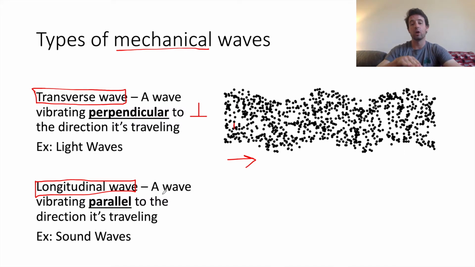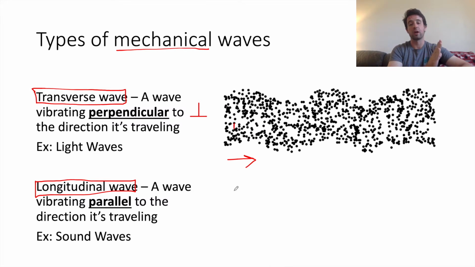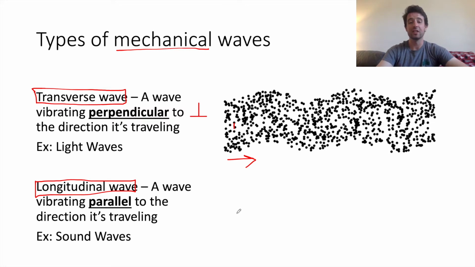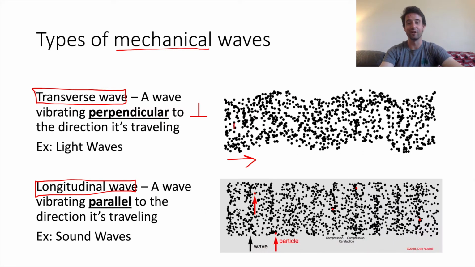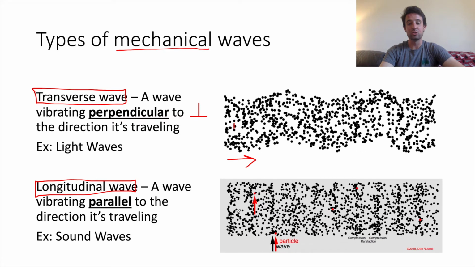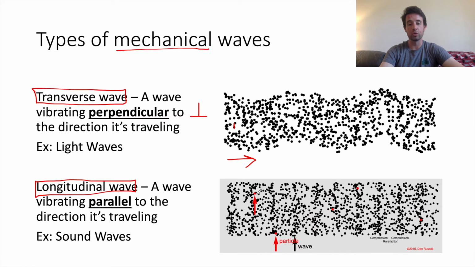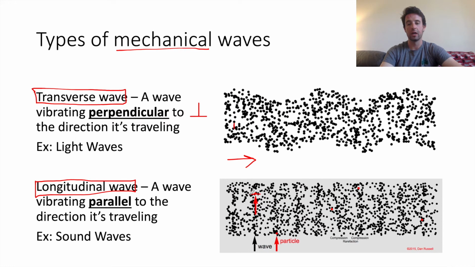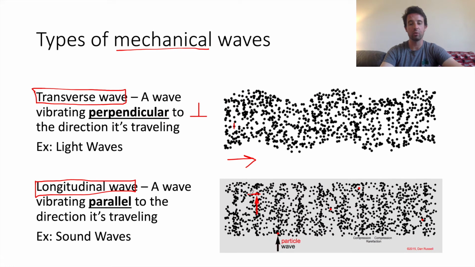The next thing we have is called a longitudinal wave. Now, instead of going up and down, the particles are going to travel with the wave. What that looks like is this GIF right here. You'll notice that particles get caught by a wave and travel forward a little bit, and then they're released by the wave and fall back into their spot.